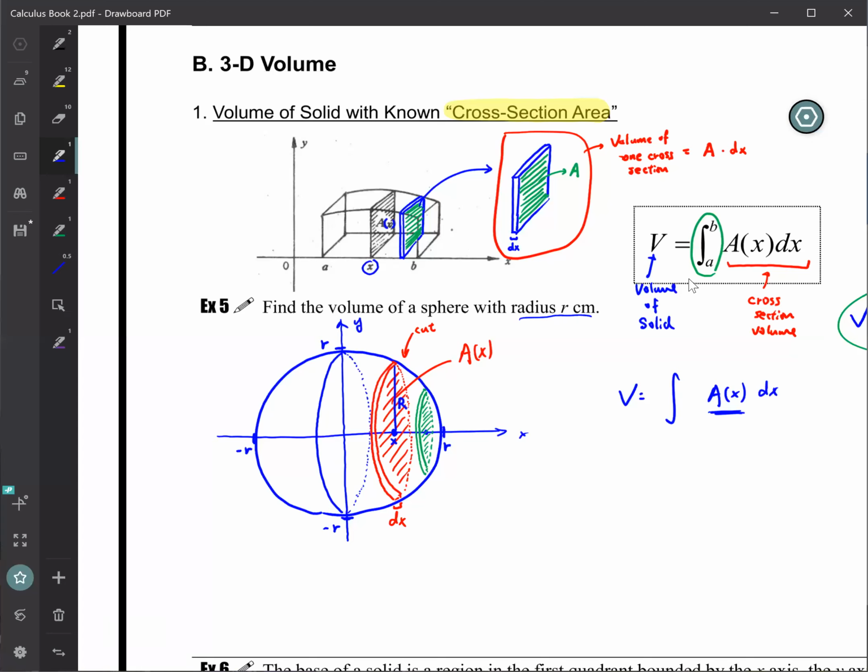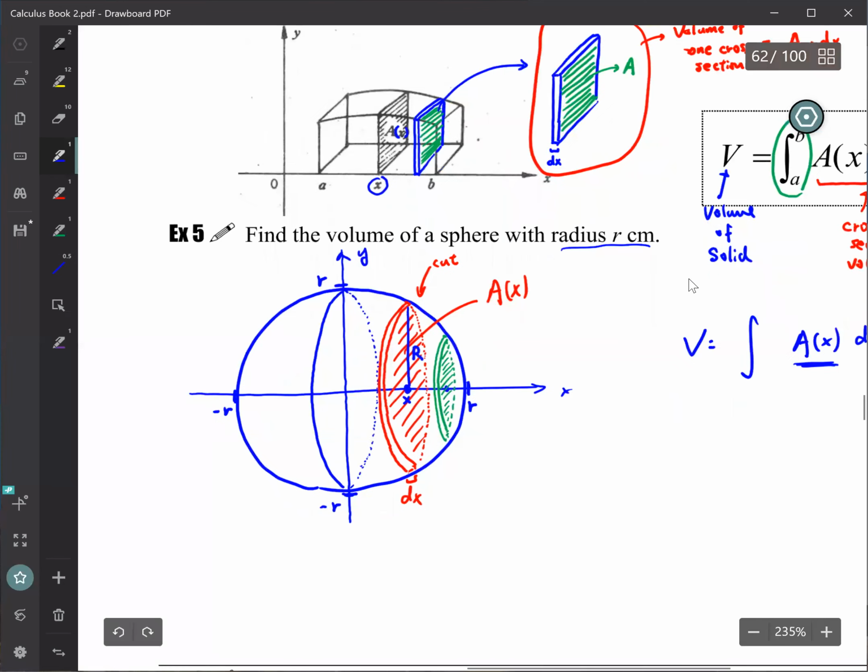Because I want to find the area of the red circle so I can get the volume. So my question is, if I know the value of x, how do we find the length of the radius for the red circle? Okay, I'll give you a few moments to think about this.